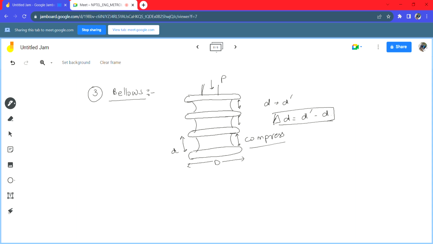Now if there is a method by which we can measure this D dash, we are pretty sure that we have modeled this pressure into length, and that length into, again, electrical voltage.